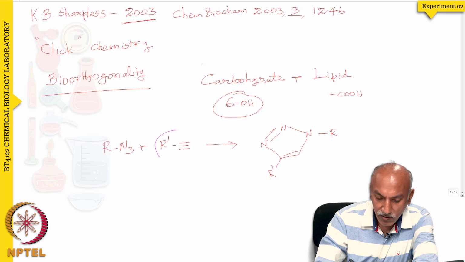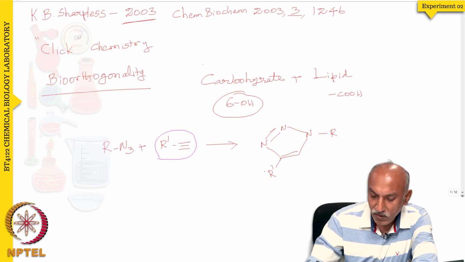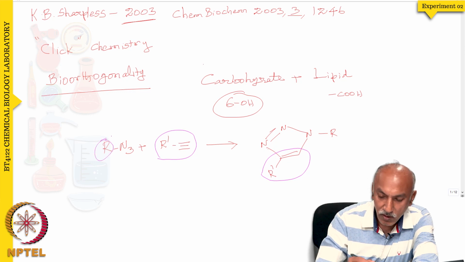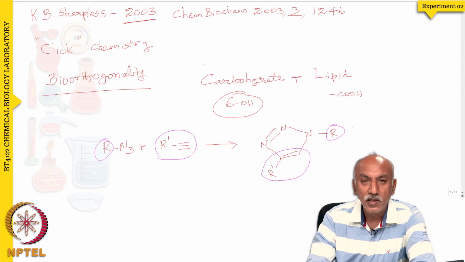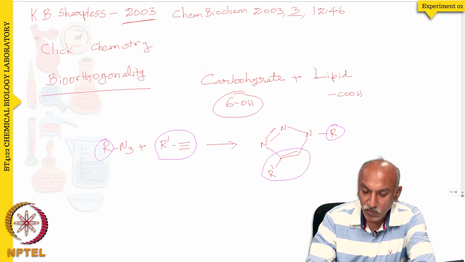See here, I have written R1. The R1 comes here. This R comes at this place. So, please have the regiochemistry done properly. This is what is more important to know about this.